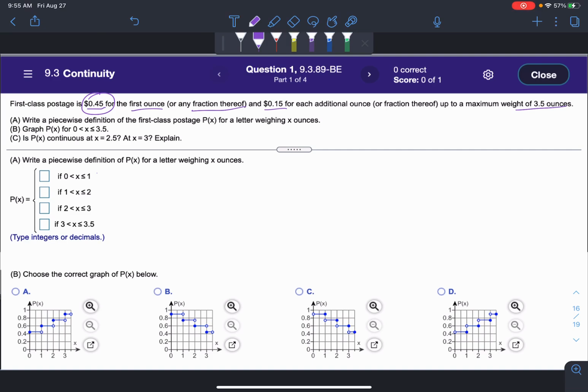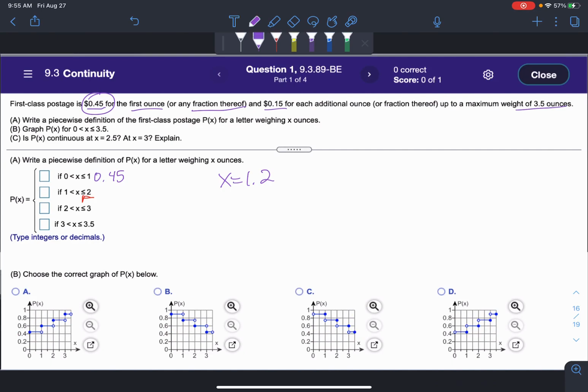So that's why this one, I'm gonna write it over here so you can read it. It's 45. Okay, and so let's say my x is equal to 1.2, then we fall in this range, right?